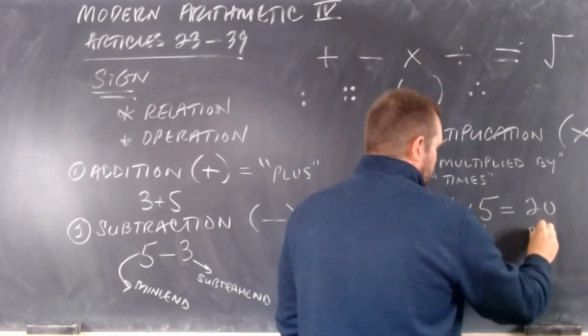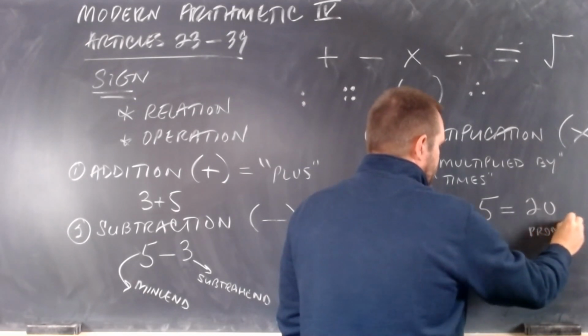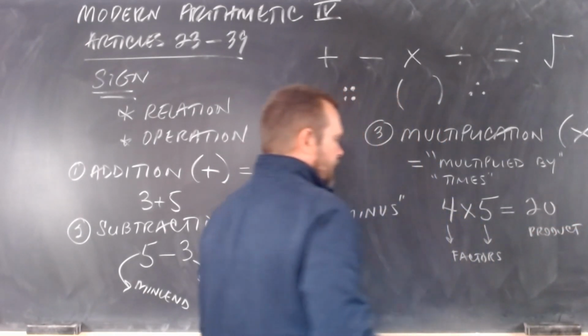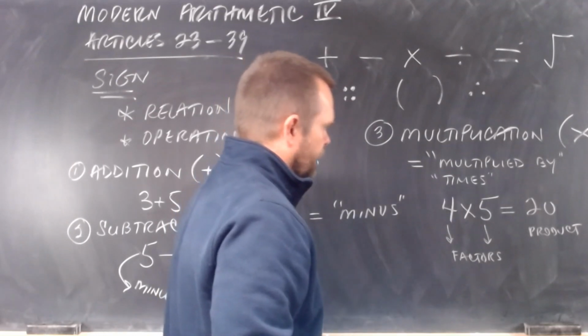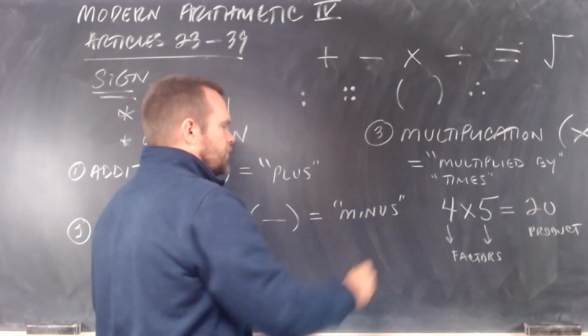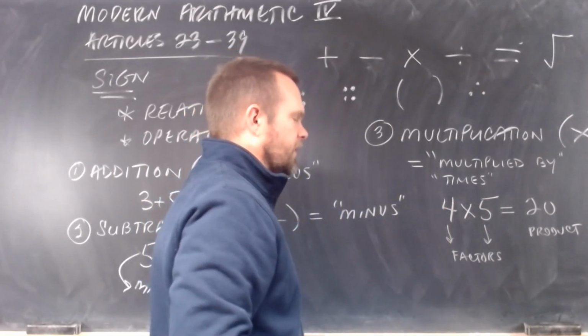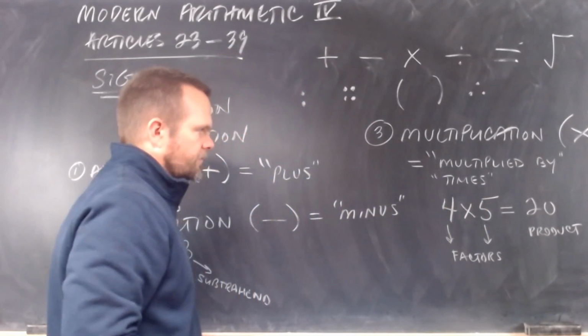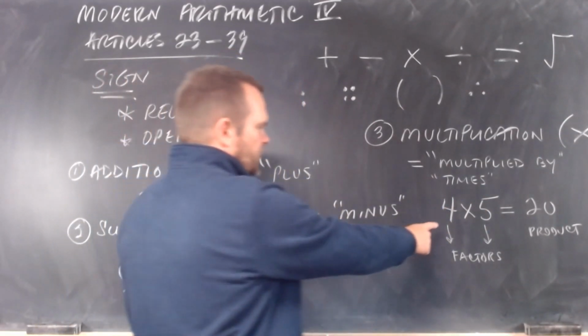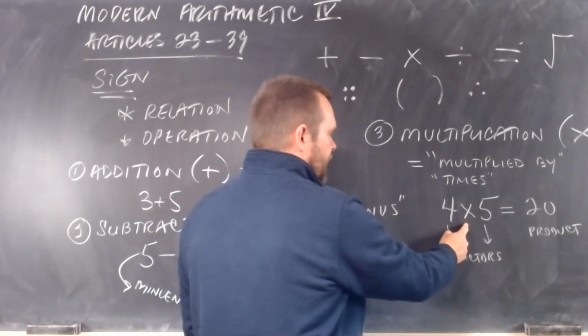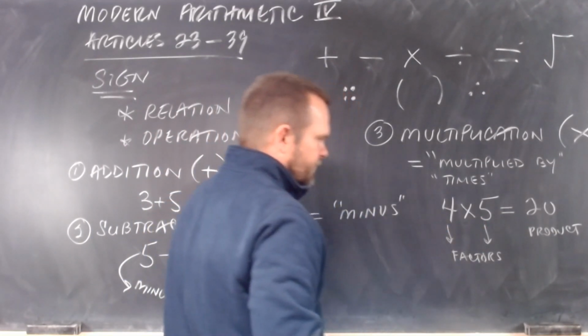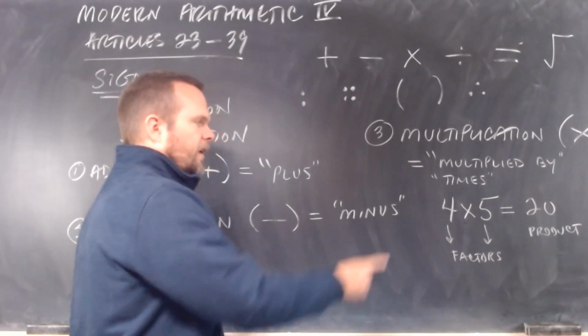This number is called the product. The result of multiplication is called the product. The numbers multiplied are called factors. This expression is read 4 multiplied by 5, or 4 times 5.